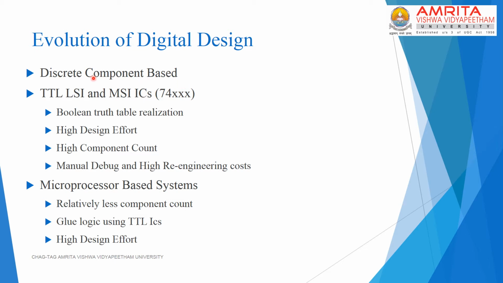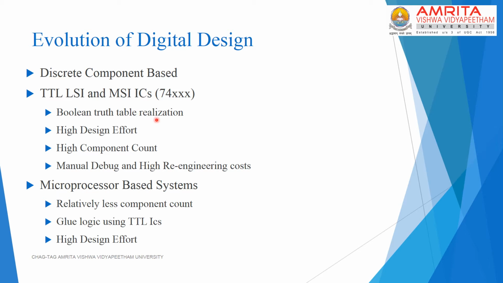Then of course there was some degree of integration that was achieved in the 74XX ICs. So you had small scale integration in the form of gates, and some subsystems were introduced using MSI ICs. But we could see that the design effort involved in using these chips as building blocks in digital designs was considerable, because there was no means of automating the design process.